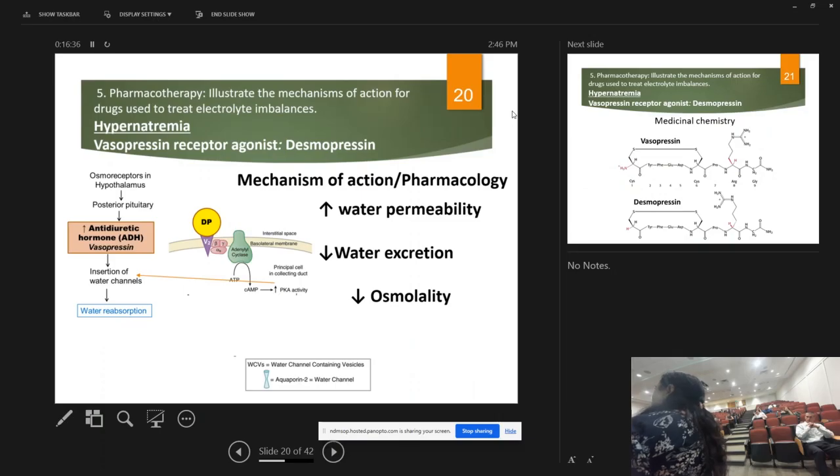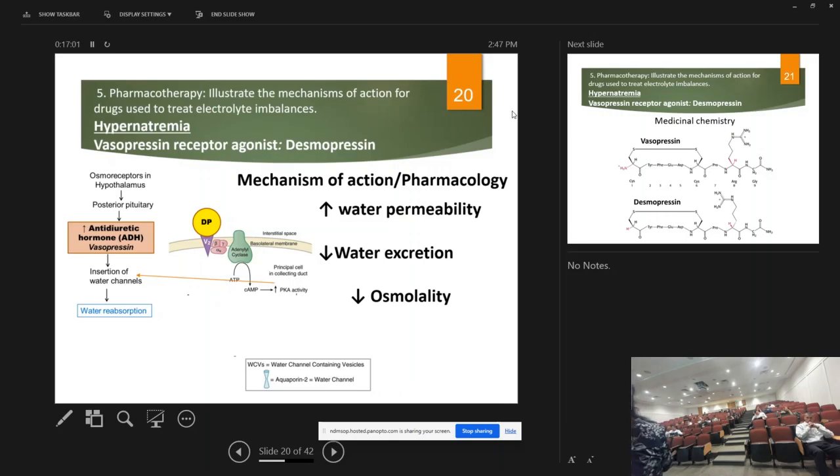So this is the cell, and this is your desmopressin drug. It's an agonist, so it will bind to a V2 receptor on the cell, and through the adenylyl cyclase, increase the PKA activity, which helps in the insertion of the water channel. So in a very brief way, this is a signaling pathway.